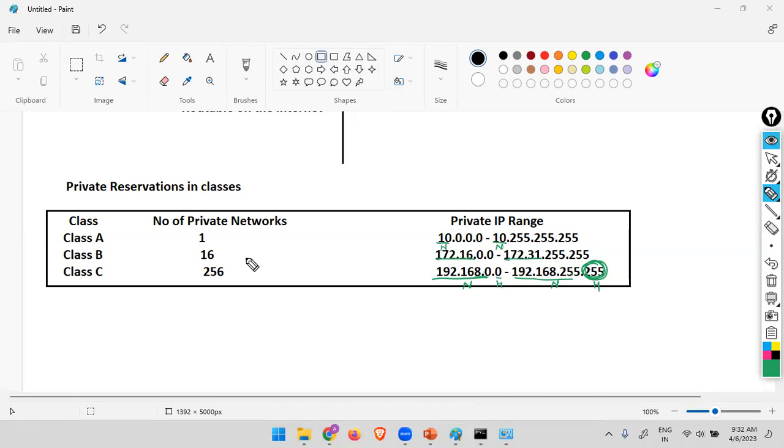So this is how 256 networks. The 4th octet we will not consider. If you start considering the 4th octet, means the host part also, so this will be even more. So just focus on the networks. Here we are discussing only the number of private networks, not the host part.